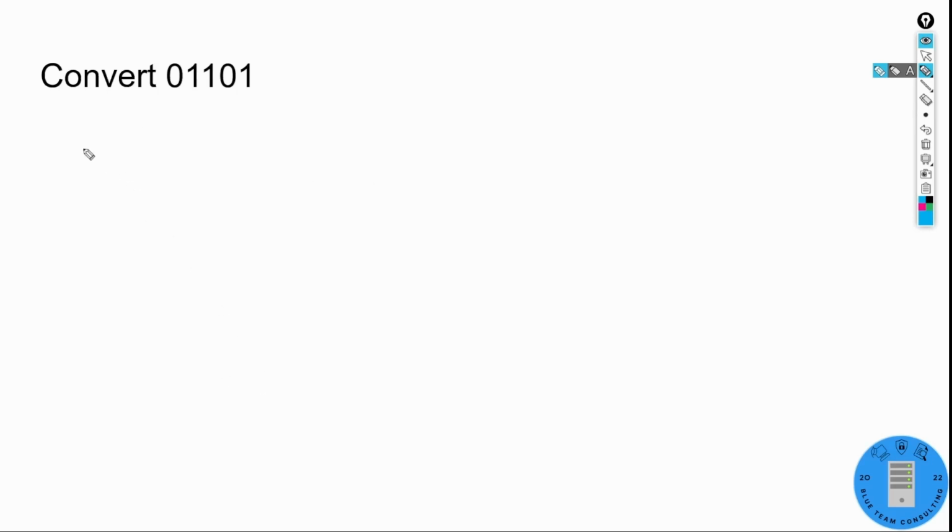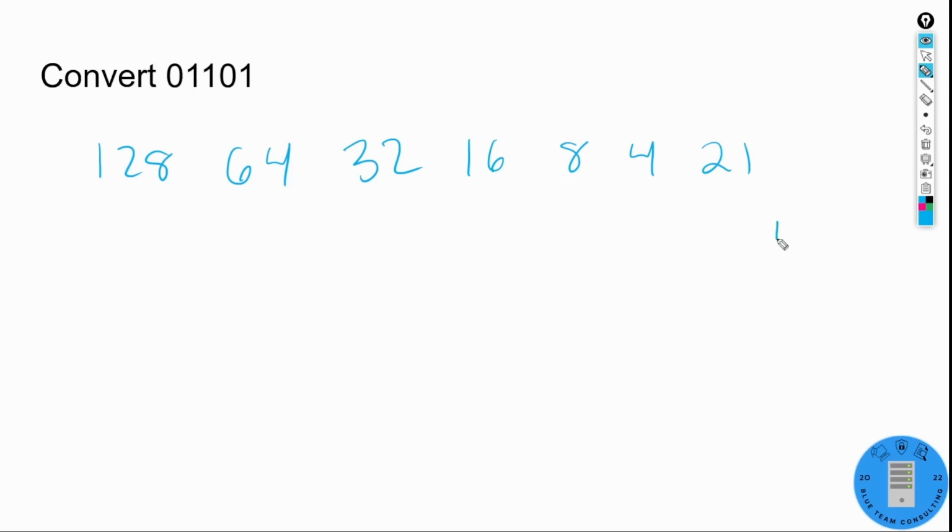Okay, first step, writing out 128, 64, 32, 16, 8, 4, 2, 1. Now, if you wrote it 0, 1, 1, 0, 1, that is incorrect. What we're going to learn here is that computers read left to right.